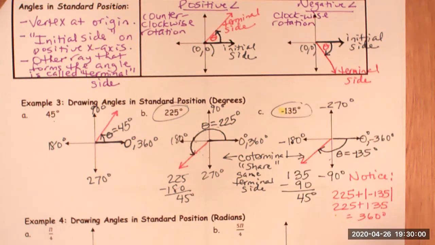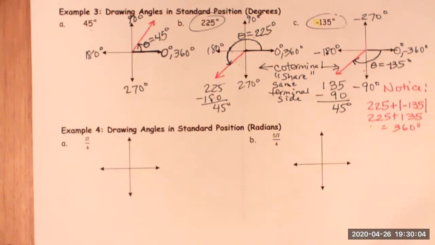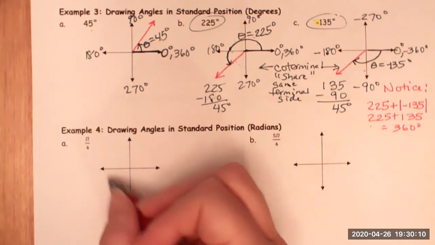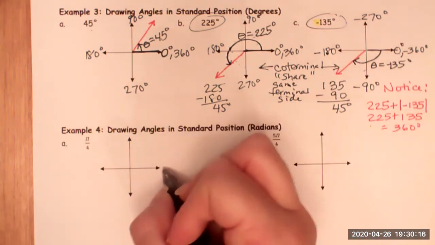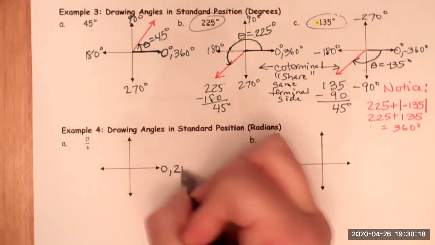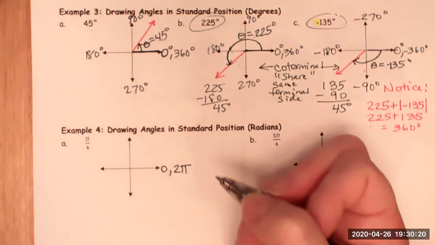All right, let's look at drawing angles in standard position using radians. So what I'm going to do is label the axes using radians now to help me out. I know that this is 0, and also if I wrap completely around the circle, I'm at 2 pi radians.